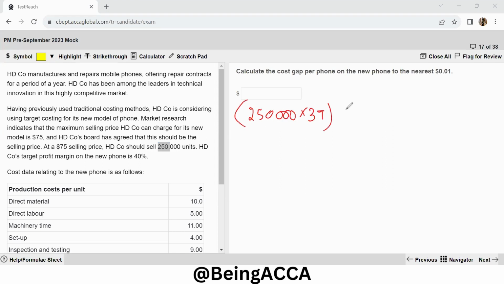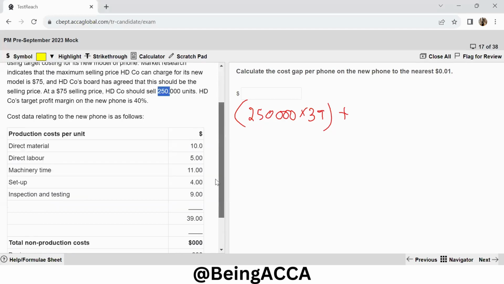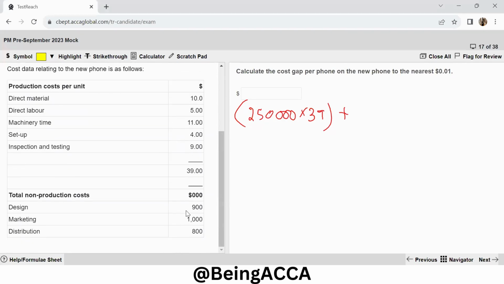Now I want to add the remaining costs. What will be the remaining costs? Let's scroll down. So this will be 900,000 for design, 1 million for marketing, and 800,000 for distribution. So I will just add all of these costs together. So 900,000 plus a million, right?